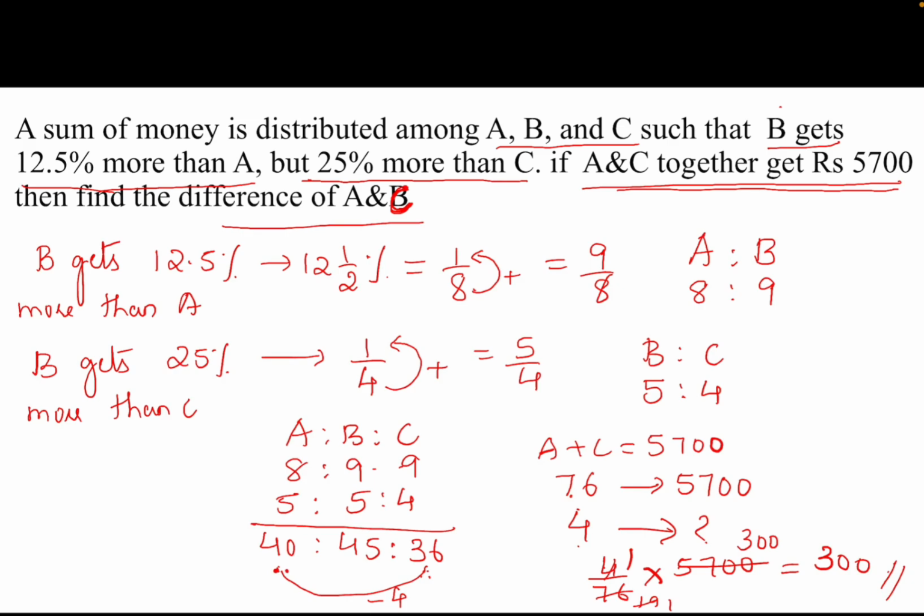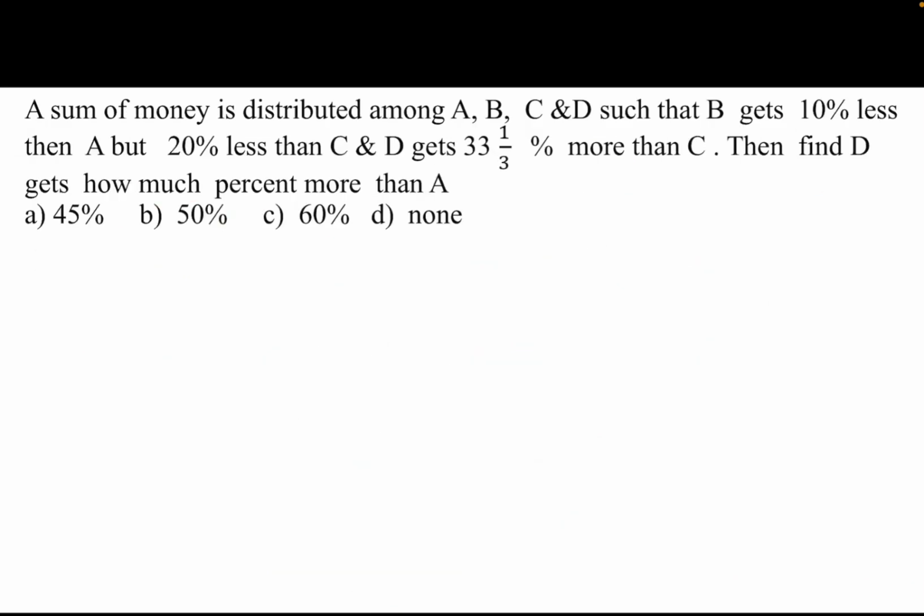Next, see the next problem. A sum of money is distributed among A, B, C and D such that B gets 10% less than A but 20% less than C. The amount is divided among A, B, C and D. B gets 10% less than A and B gets 20% less than C. It is the same as the previous problem, B is referred to again.